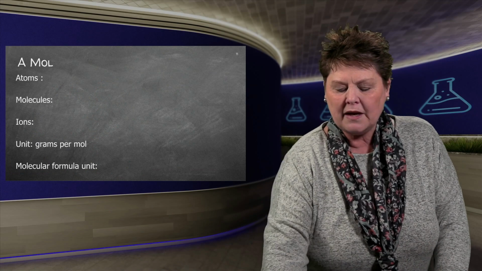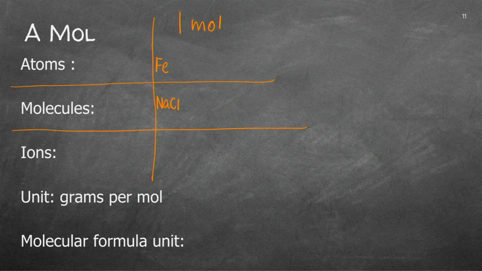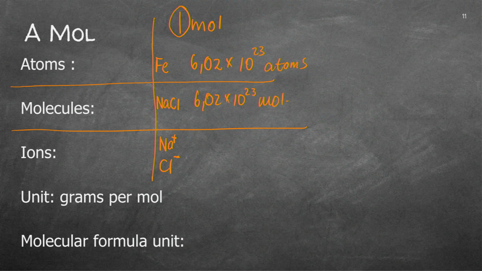Let's have a look. If I'm saying I've got 1 mole of, let's say, sodium chloride, and I've got 1 mole of sodium and chlorine atoms, I'm saying to you, I've got 6.02 times 10 to the 23, because I've got 1 mole. Now it's molecules.